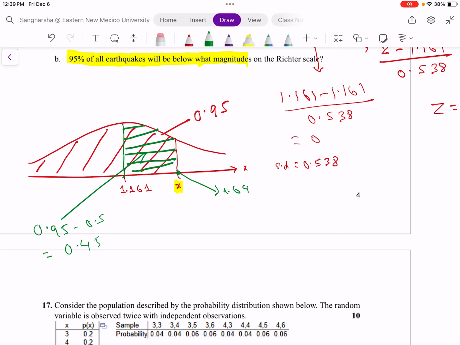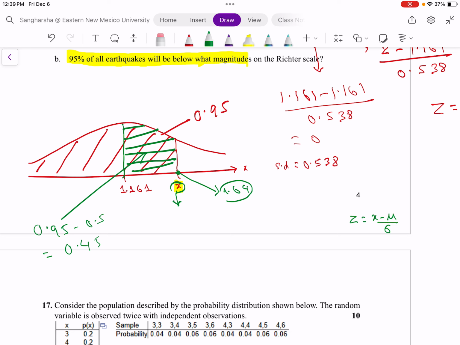Now this is the z value, but this is the x value. These two are not the same, but we know how to convert x into z. We have a formula: z is x minus mu divided by sigma.